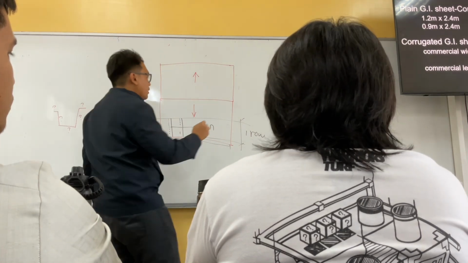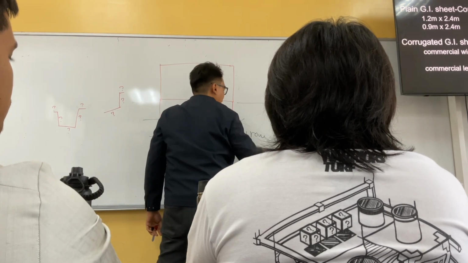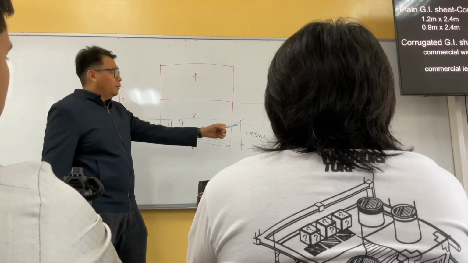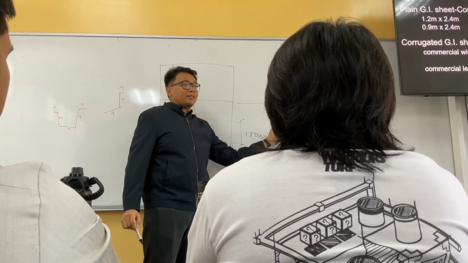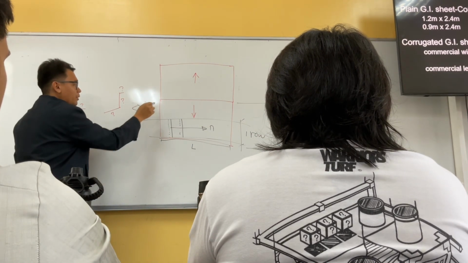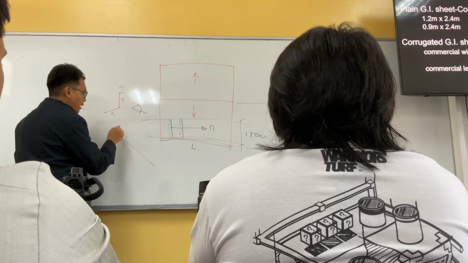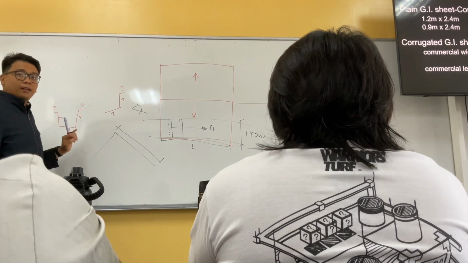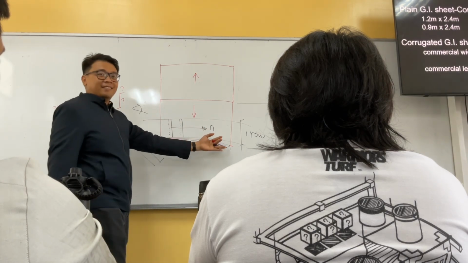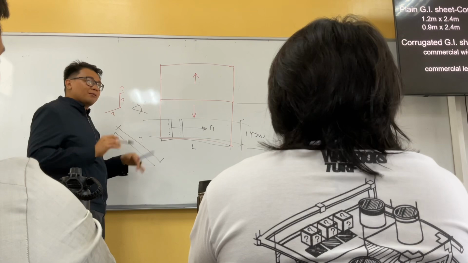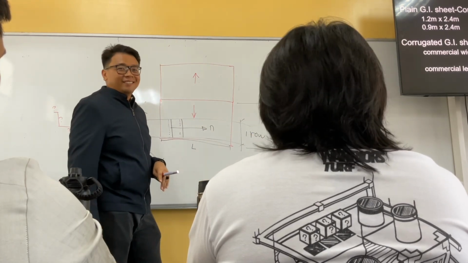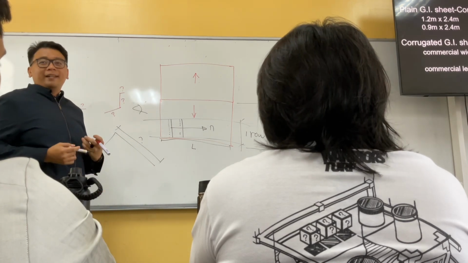What if it is only 3 meters? But take note, this distance is not the plan view distance. This is the inclined distance. This one here is only the plan view, so don't measure directly from the plan.